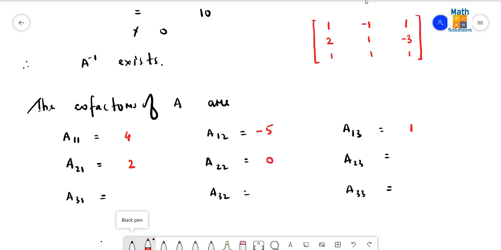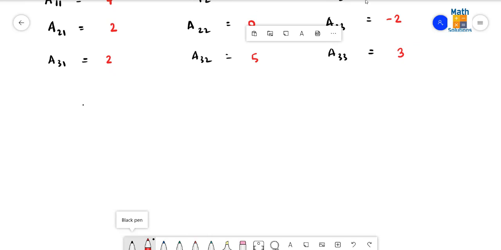For A23, the elements will be 1 plus 1, this will be minus 2 for negative sign convention. Then for A31, 3 minus 1, it will be 2. Then for A32, it will be minus 3 minus 2, means positive 5 due to sign convention. And for the last one, 1 plus 2, it is 3. So these are the cofactors I got here.